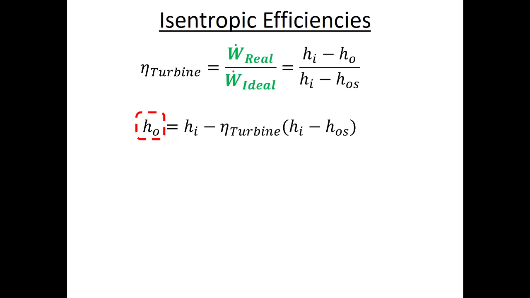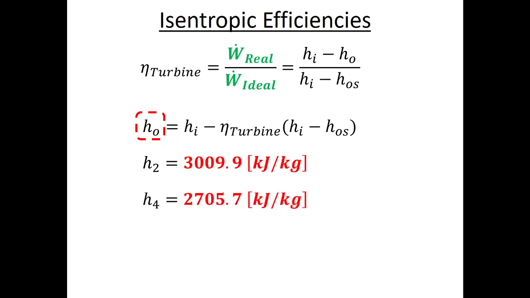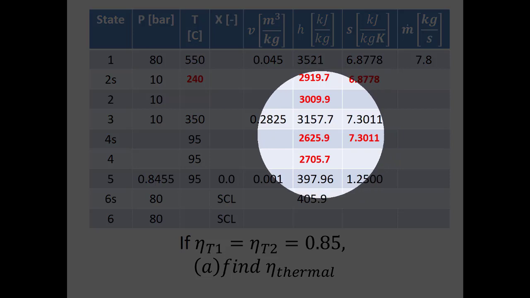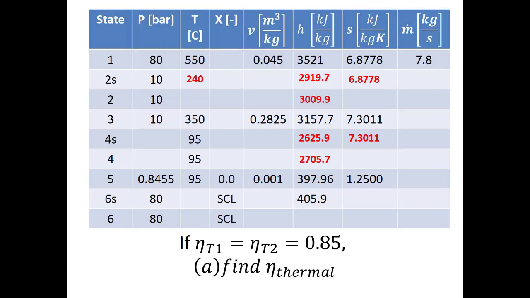Now I know everything here except H out. So I can put some stuff into my calculator and I see that H2 is going to be just under 3,010 kilojoules per kilogram. And H4 is going to be 2,705.7 kilojoules per kilogram. So now I filled in these particular pieces of information and I'm feeling pretty good.